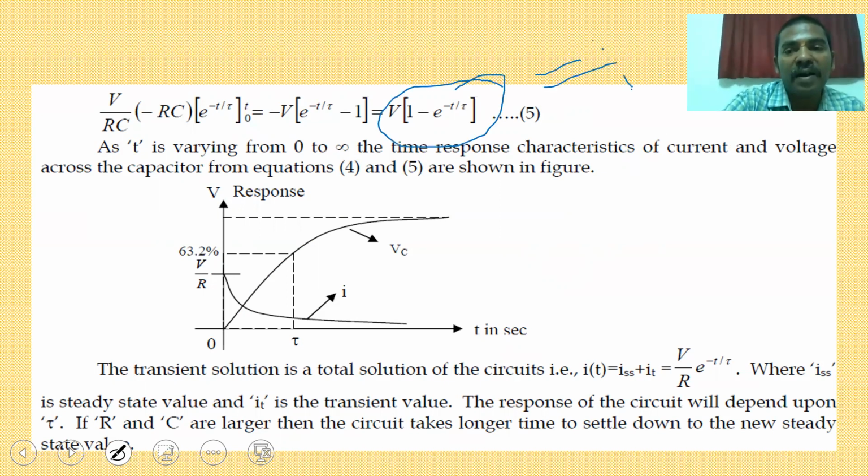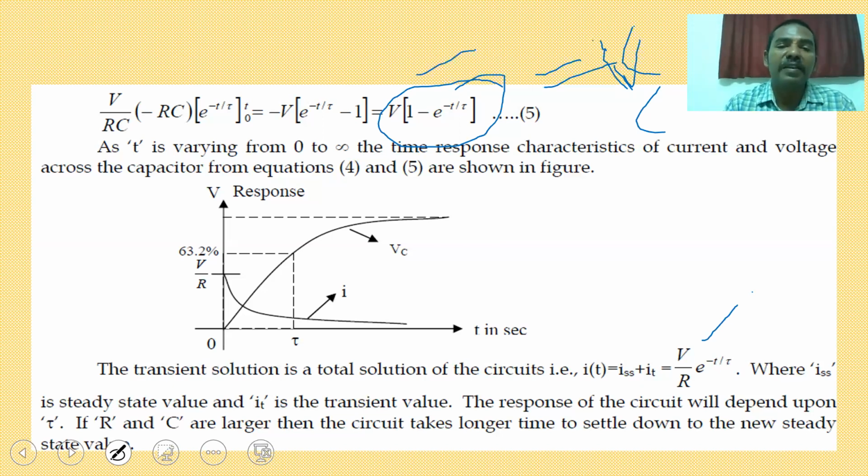Are you understanding? Now coming to the response of the voltage drop across the capacitor and the current flowing through the capacitor. What is the current flowing through the capacitor? V/R e^(−t/τ). And the voltage drop across the capacitor?